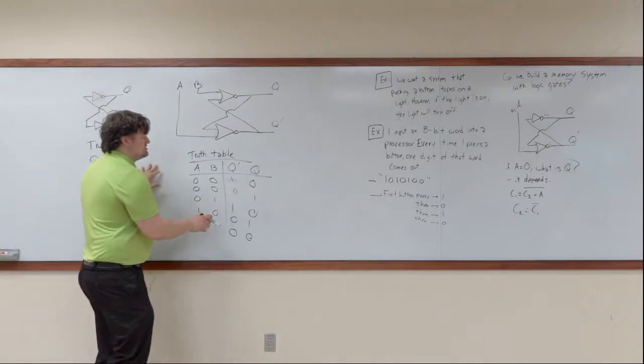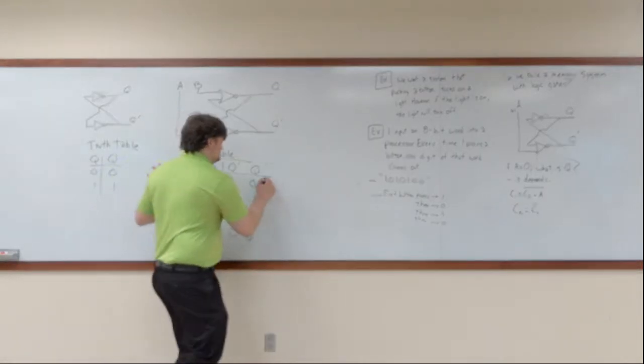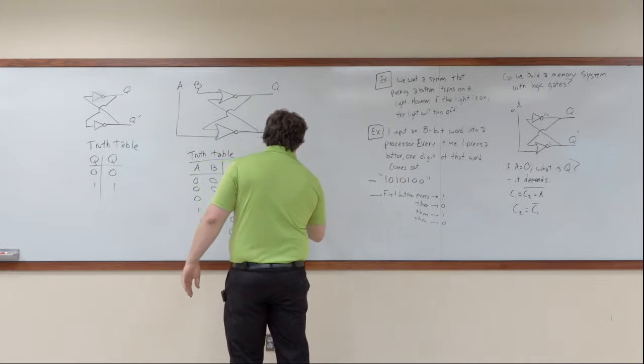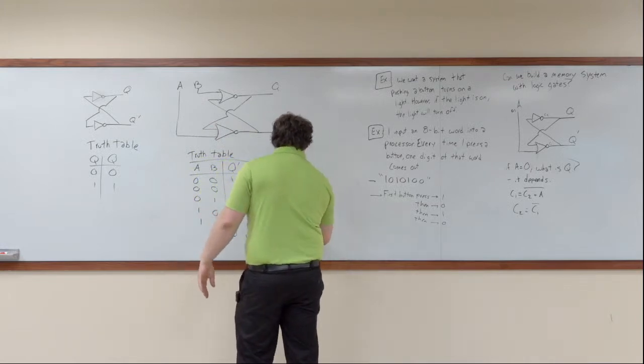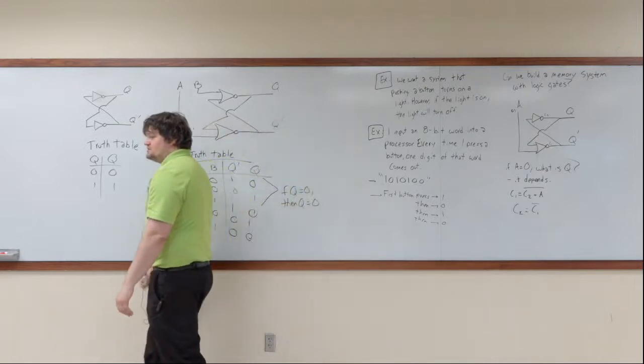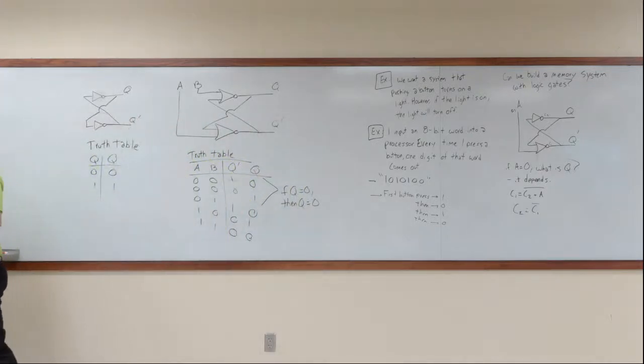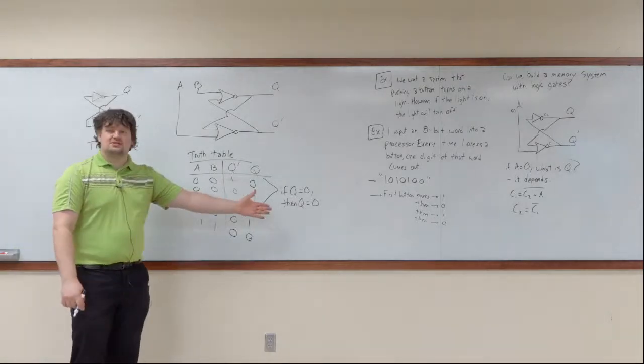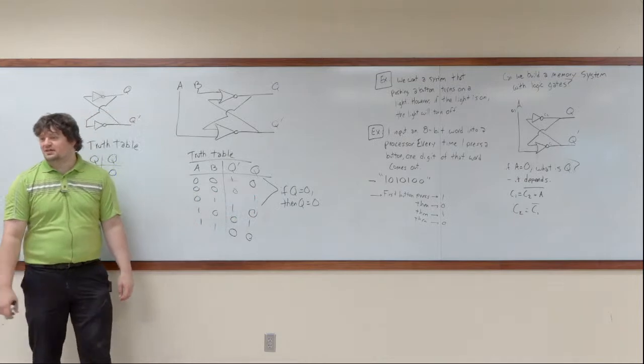Both of these conditions signify one thing. If Q is equal to 0, then Q is equal to 0. If Q is equal to 1, then Q is equal to 1. That's it.